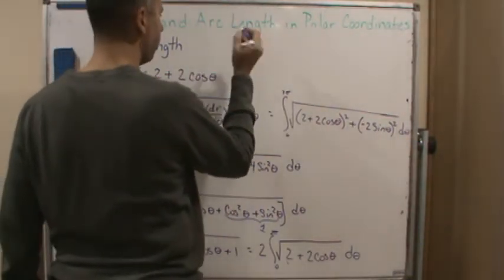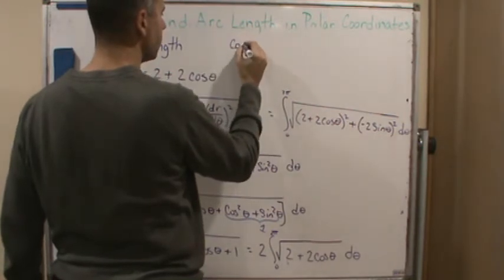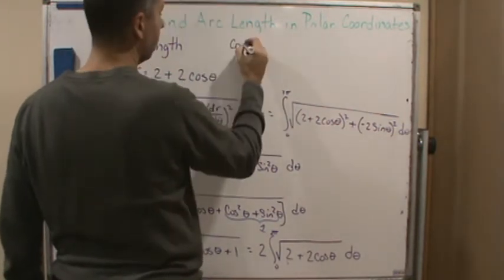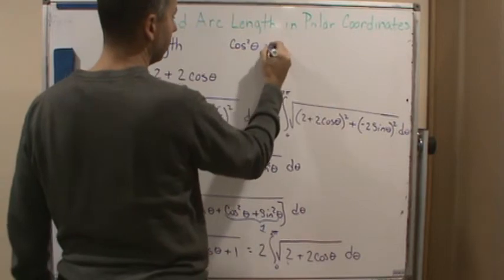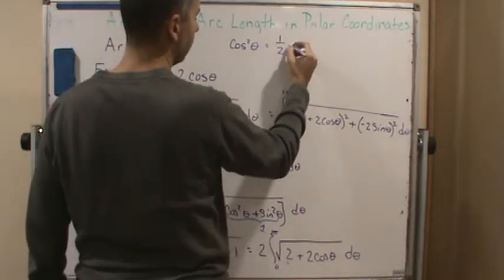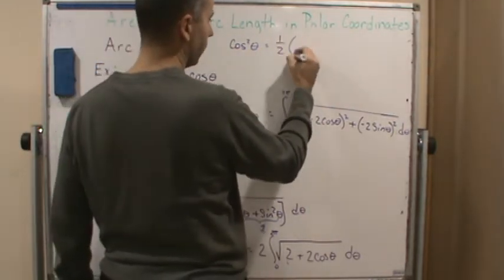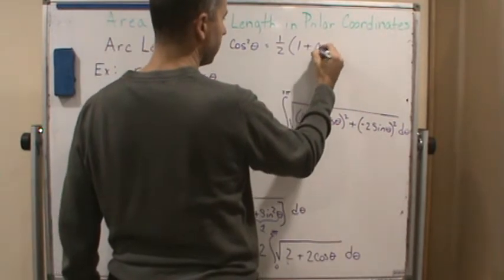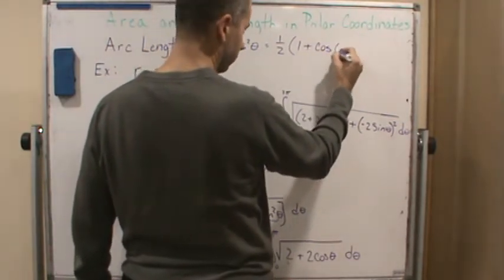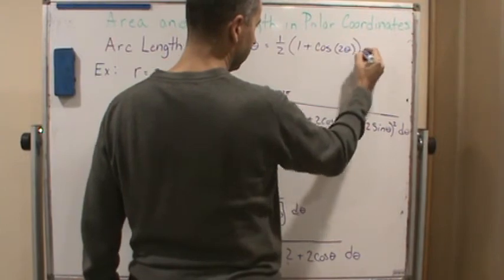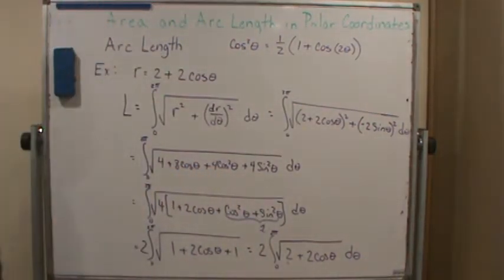We've seen this one before: cosine squared theta equals 1/2 times (1 plus cosine 2 theta). That's the identity we've been using. So we're going to use it, but we're going to solve it differently.